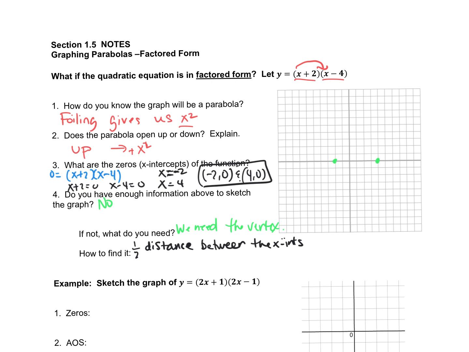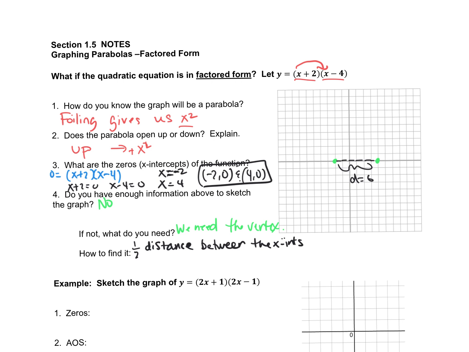Okay, so half the distance between the x-intercepts. How do I find that? If I go from here, 1, 2, 3, 4, 5, 6, the distance between these two points is 6. The halfway point between those two points is the axis of symmetry.